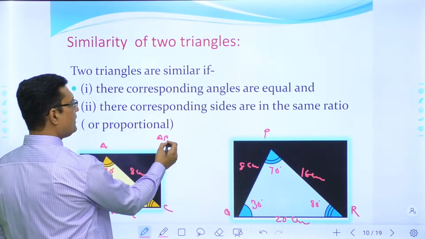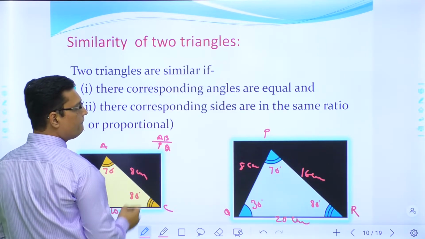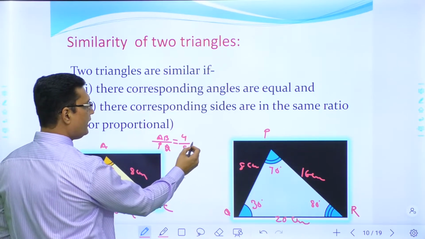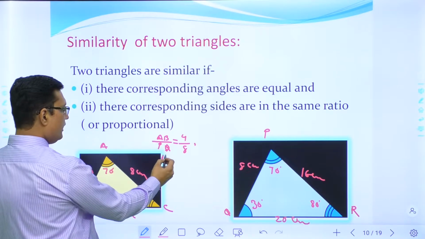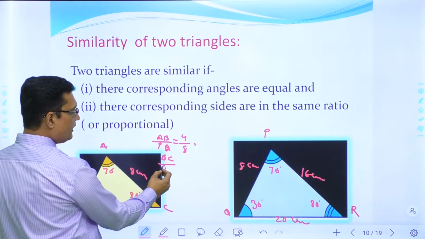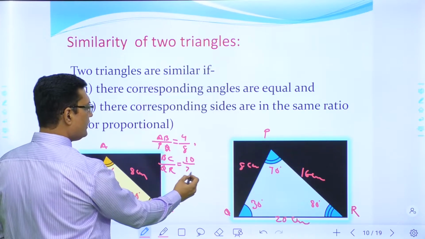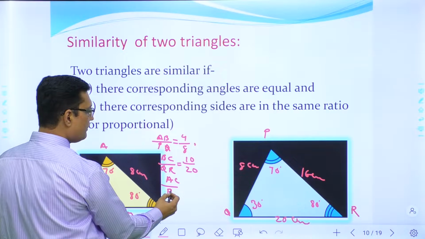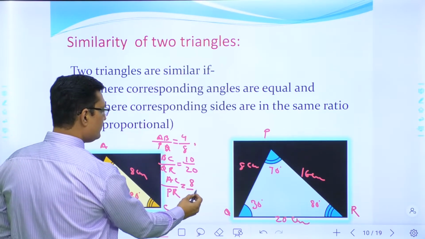AB upon PQ is 4 upon 8, BC upon QR is 10 upon 20, and AC upon PR is 8 upon 16.